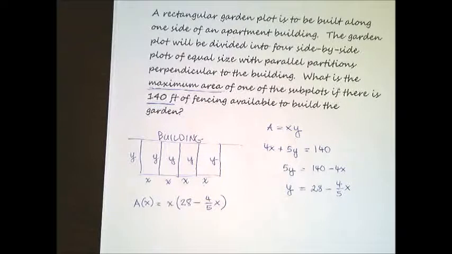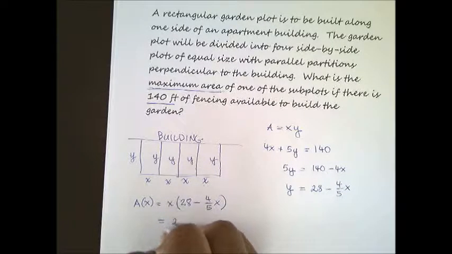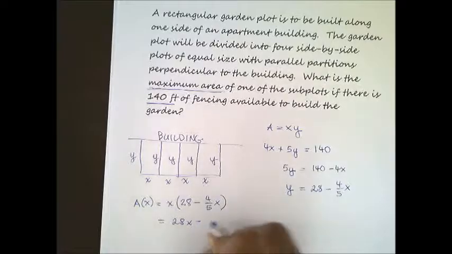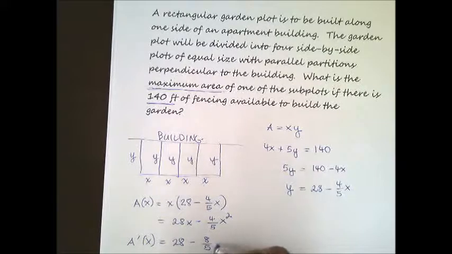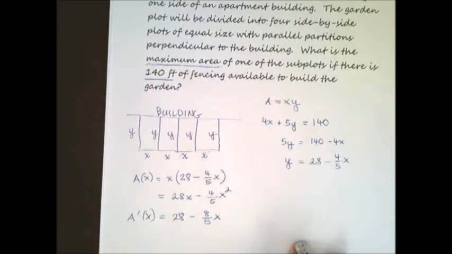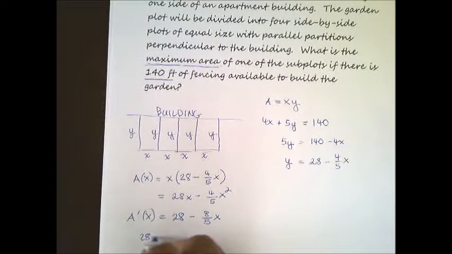So finding a maximum, I need critical points. If I need critical points, I need to find the derivative. So I'm going to go ahead and first multiply through by x, because I think that's going to make it a little easier to find the derivative. And find A prime of x. A prime of x is going to equal 28 minus 8/5 x. Now this expression can be equal to 0 when 28 minus 8/5 x is equal to 0.